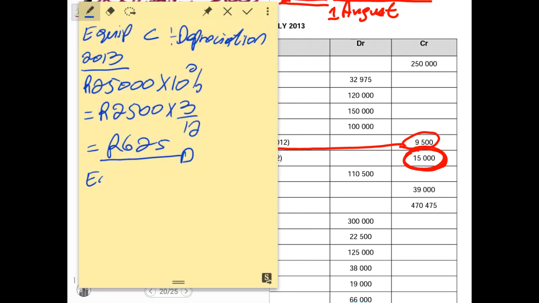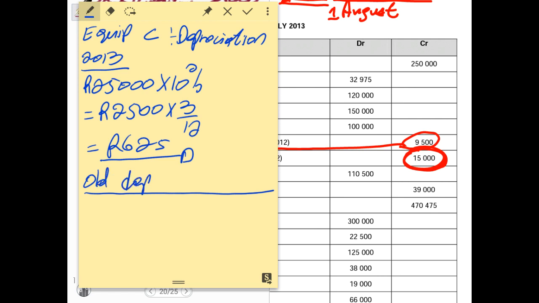So now we are doing depreciation for the current year for the old equipment. Let me not say equipment, let me just say old depreciation. Let me write it like that.